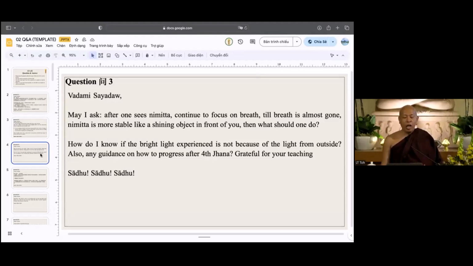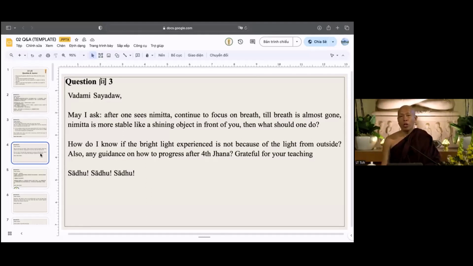Another thing, after fourth jhana: any guidance on how to progress? Actually, it depends on your choice. There are many different guidances. For example, after attaining Anapana fourth jhana, you can continue practicing Vipassana.